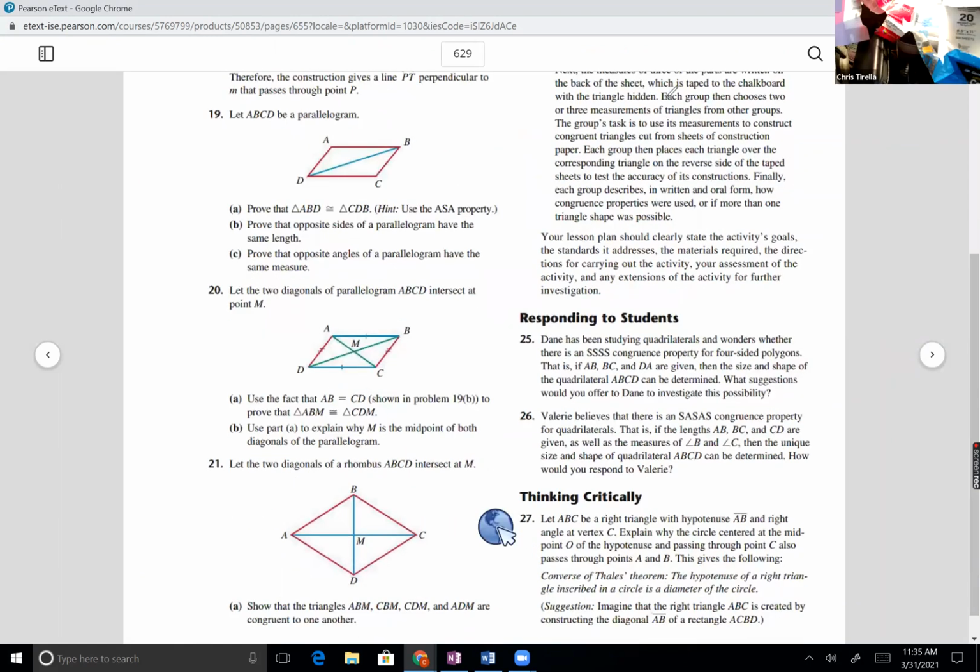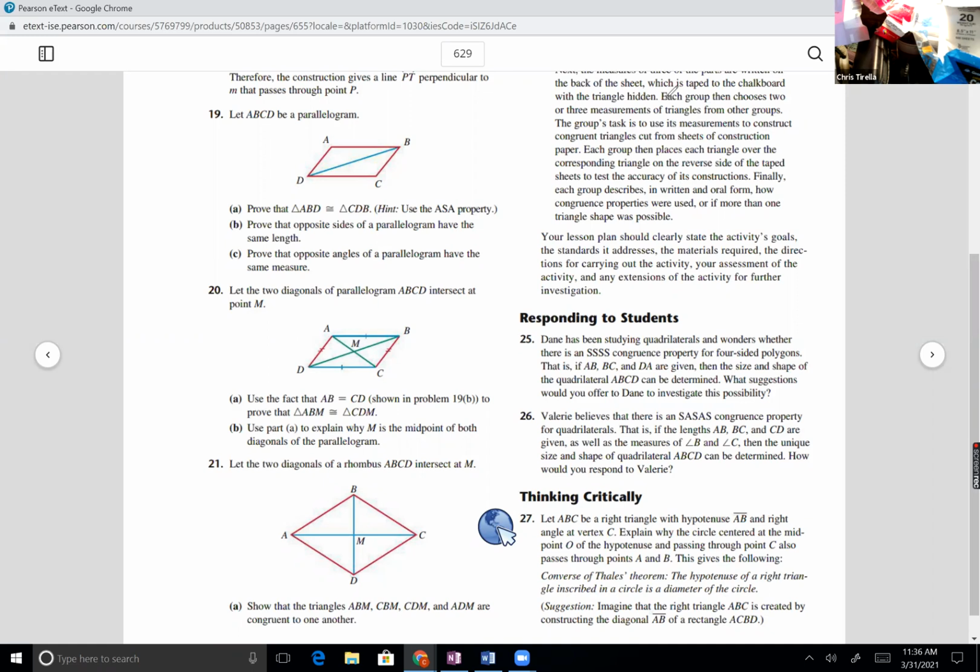Number 25 says that Dane has been studying quadrilaterals and wonders whether there's a side-side-side congruence property for four-sided polygons. That is, if I know all four sides, do I know the shape of the quadrilateral?